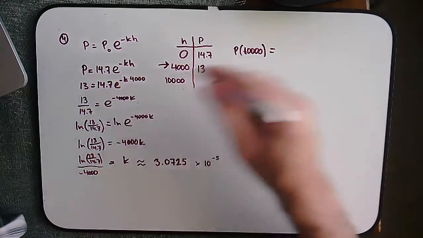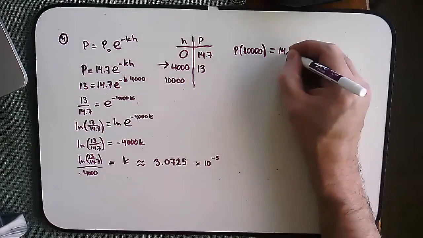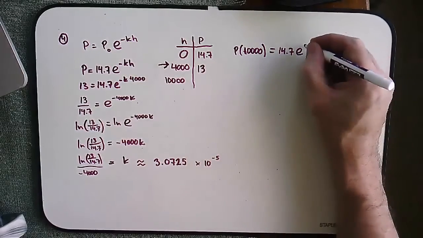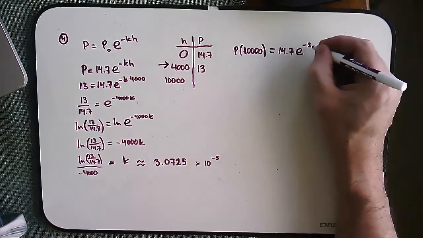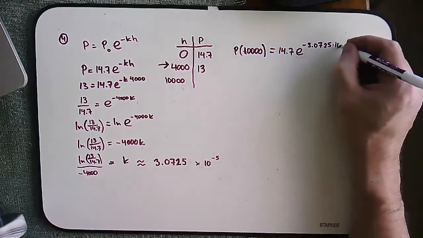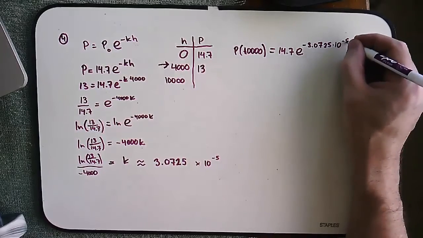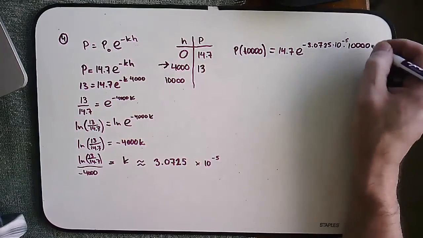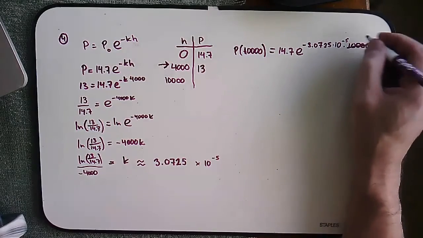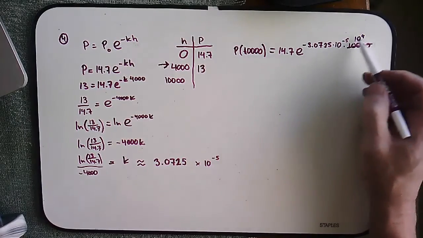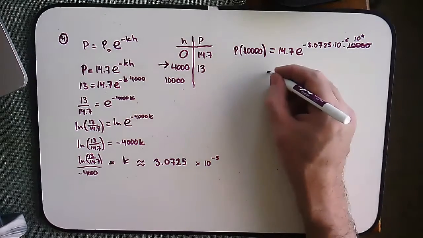So let's see, P sub 0 is 14.7 times e to the negative 3.0725 times 10 to the negative fifth times our altitude, which is 10,000. And now 10,000, by the way, we could just write that as 10 to the fourth power.